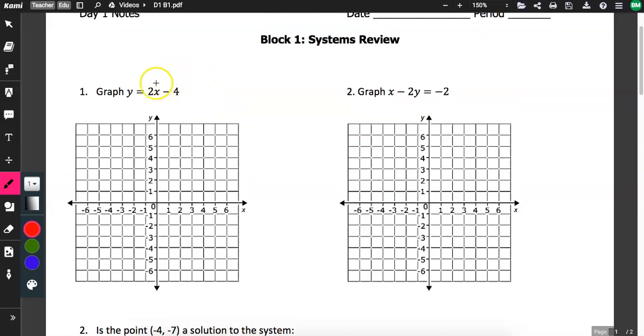So number one here, we're going to graph this equation, y equals 2x minus 4. Now this format hopefully looks familiar to you. You might know it as y equals mx plus b. This is our slope-intercept form.